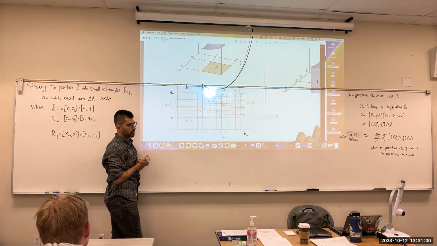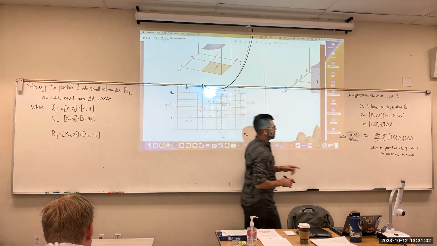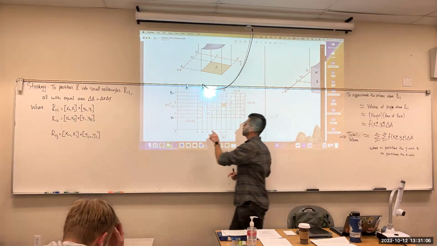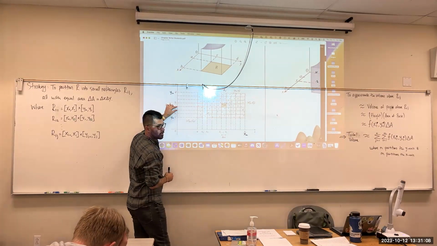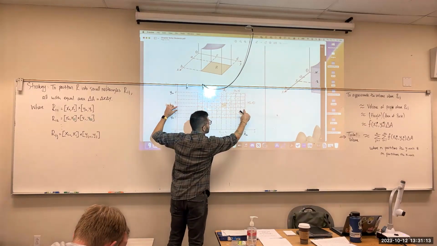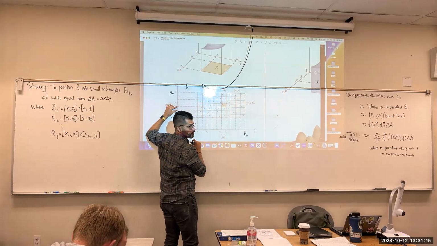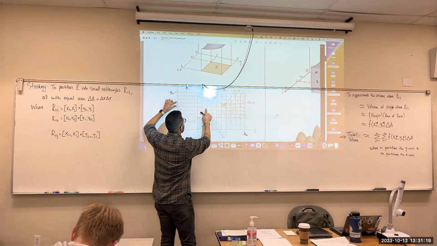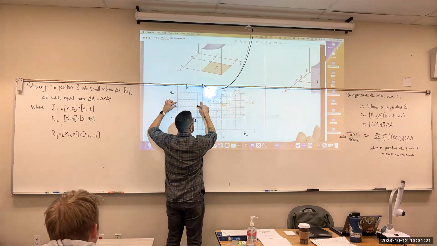Okay? And so what you're going to do is you would fix one of the j's. Let's say you fix it to the jth interval here. And then you're going to find the volume of all the prisms going in this direction as you vary i. So you find the volume across all these. And then you go to the next one. Next one.